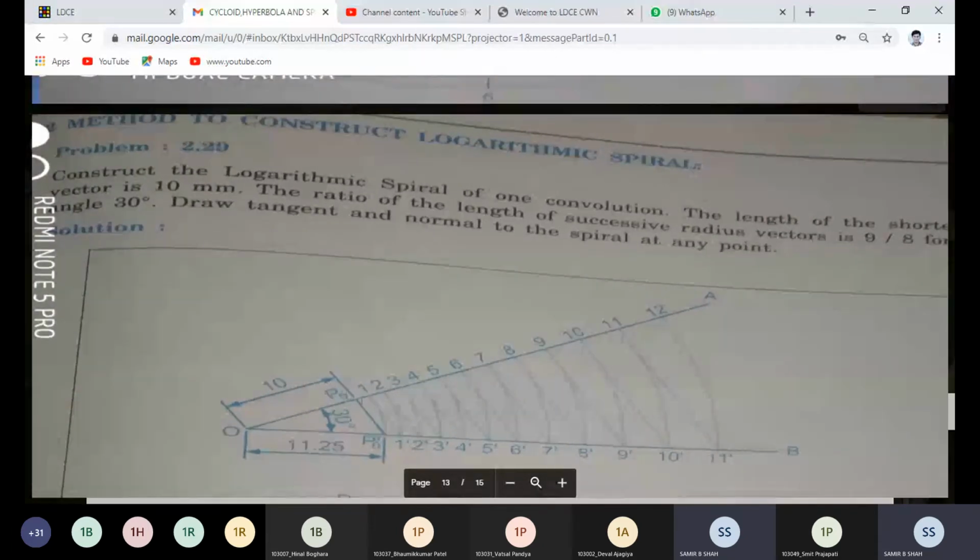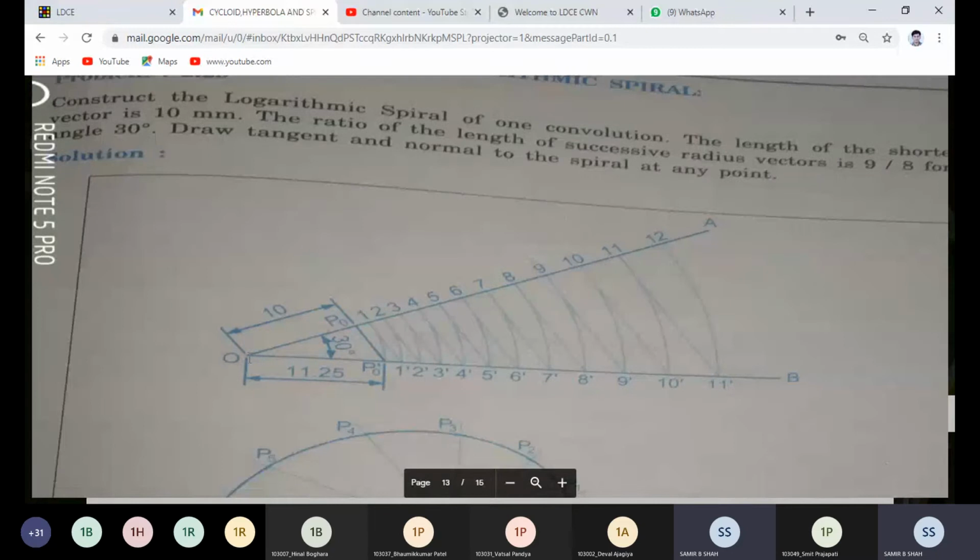Now join the point P0 and P0 dash. Take center at O, radius OP0 dash, meaning the horizontal OB one of 11.25, and draw an arc up to the OA line.